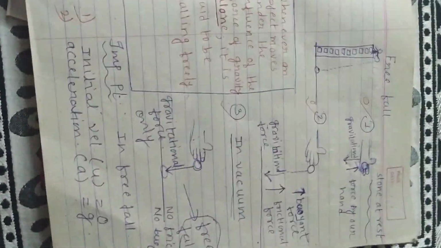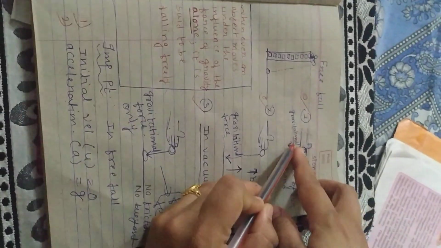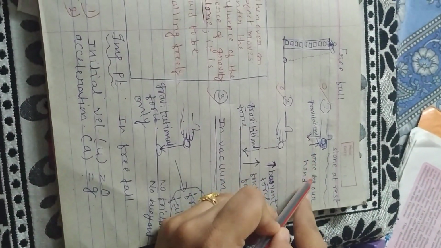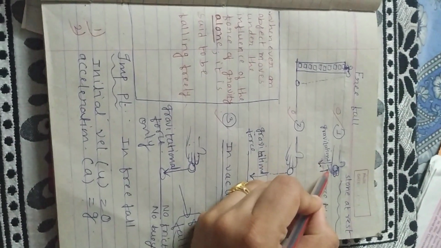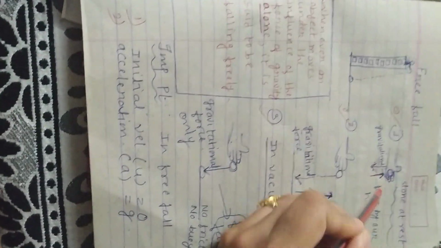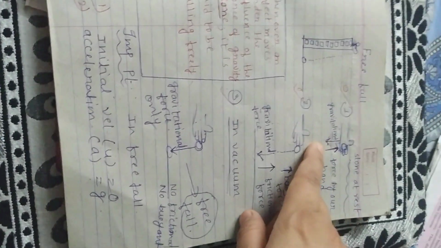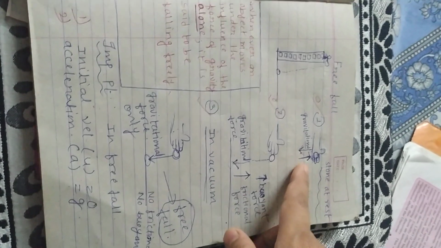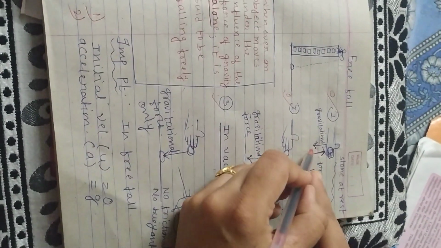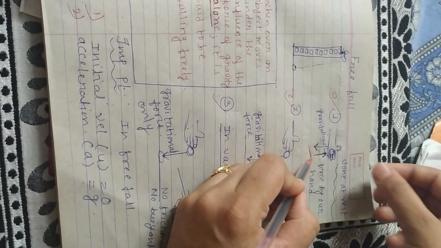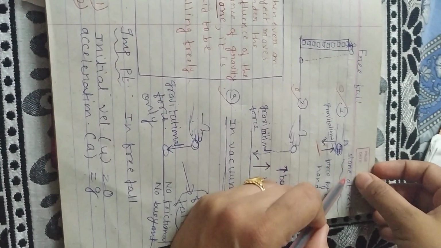Our hand opposes this force, that means the force by our hand is in an upward direction. So one force is in a downward direction and the other force is in an upward direction. So in this situation the stone will be at rest.